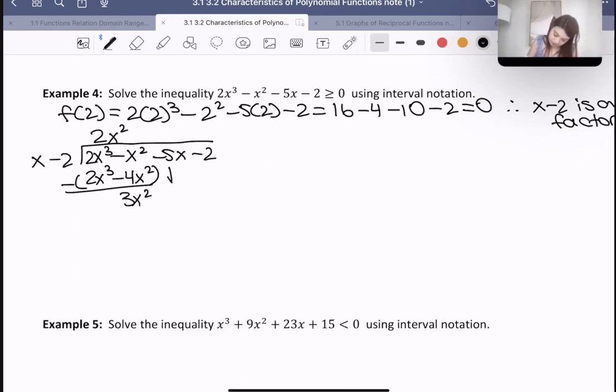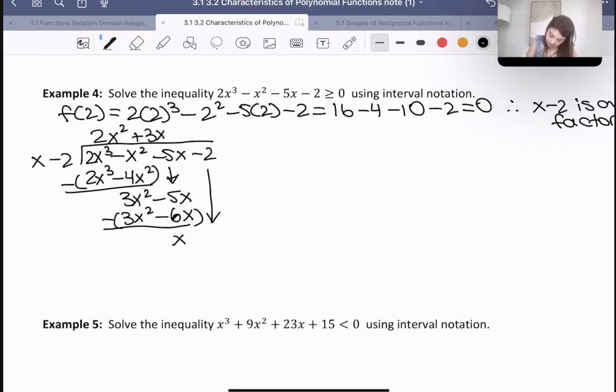And then we're going to bring down the negative 5x. Okay, and now how many times does x go into 3x squared? Well, 3x times. So we got 3x squared, and then here minus 6x. And then we're going to subtract, and we're going to get x.